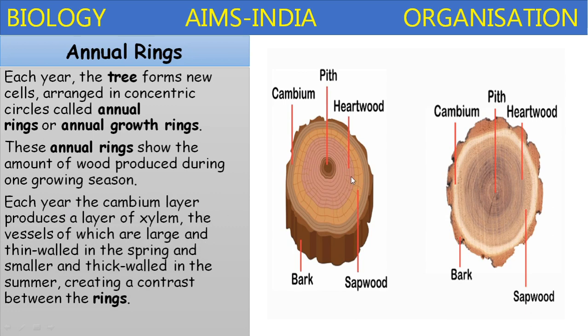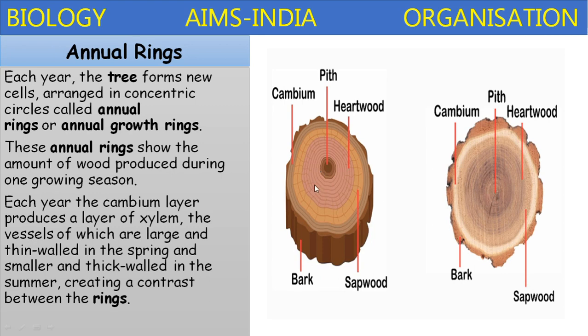Each year the cambium layer produces a layer of xylem, the vessels of which are large and thin walled in the spring and smaller and thick walled in summer, creating a contrast between the rings.